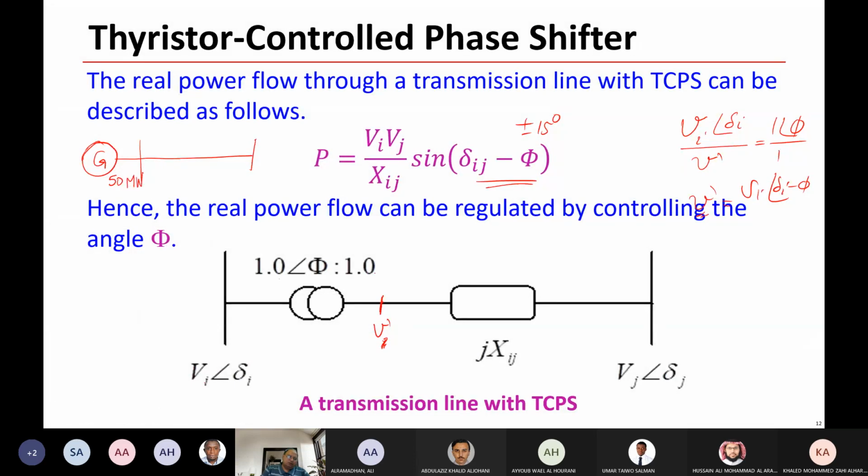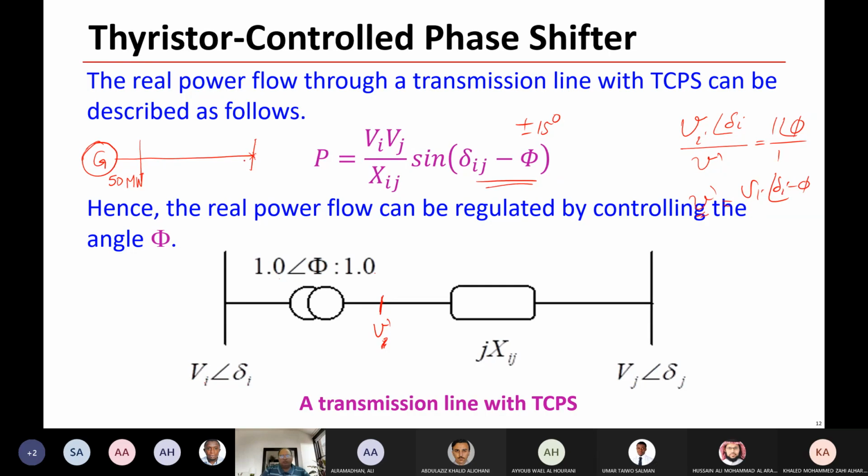Yes. What I am saying now is that with application of a FACTS device like a static VAR compensator, for example, it is possible for us to get something like 55 or 60 megawatts at the receiving end. Is this correct? No, that's not correct.